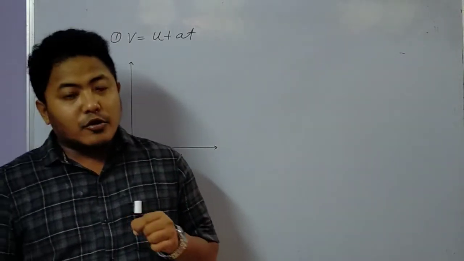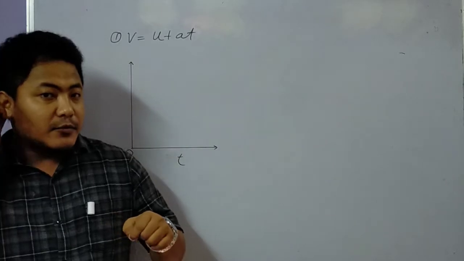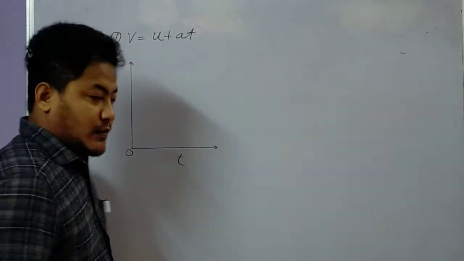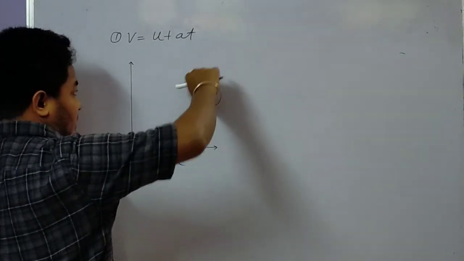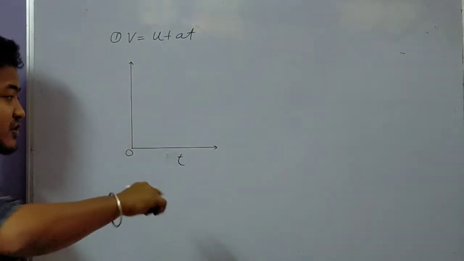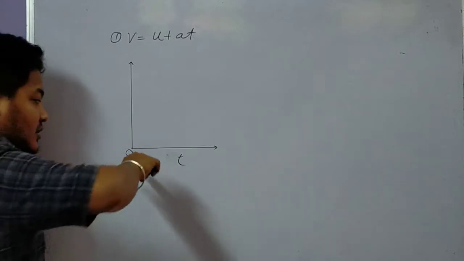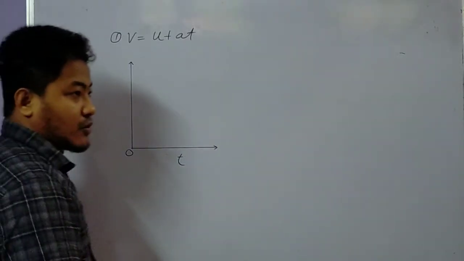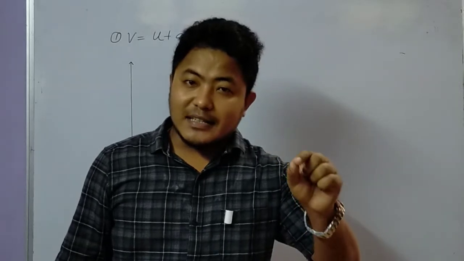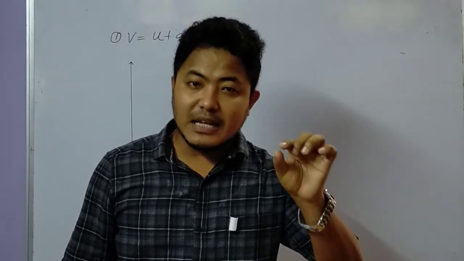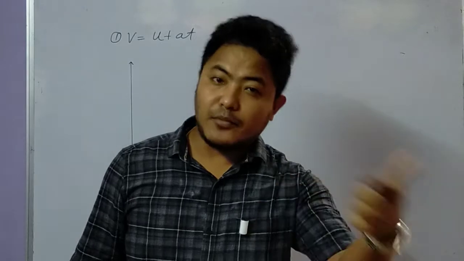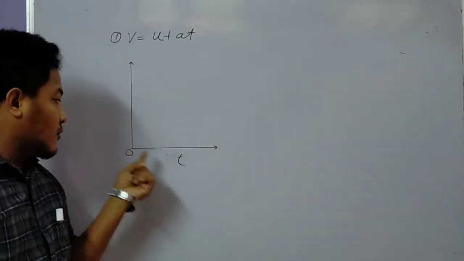What type of graph did we find for a body in uniform acceleration? We found a straight line. But if I draw this straight line, and if the line is passing through the origin, that means we consider that initial velocity is 0. If the initial velocity of that accelerated body is 0, then the graph will go from here.